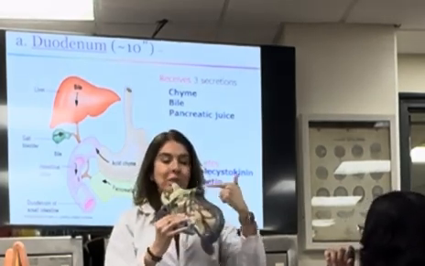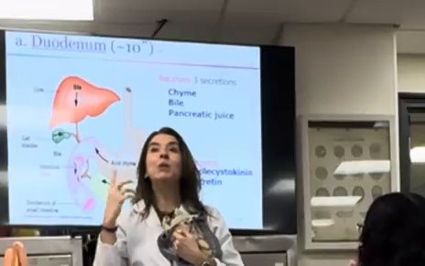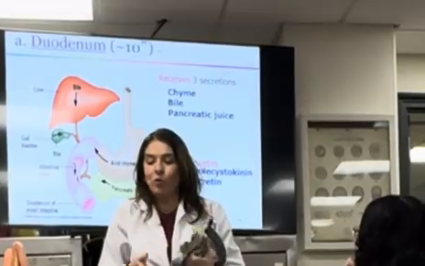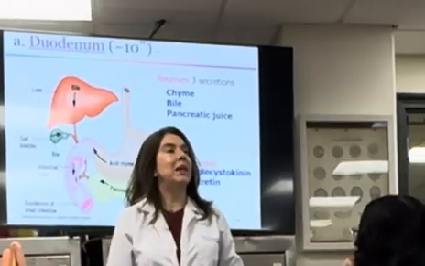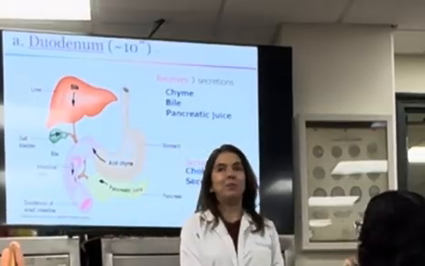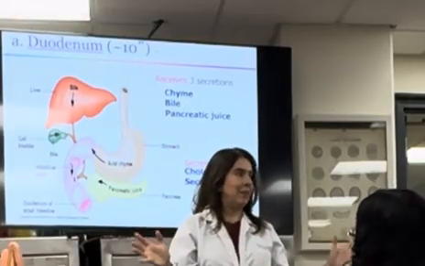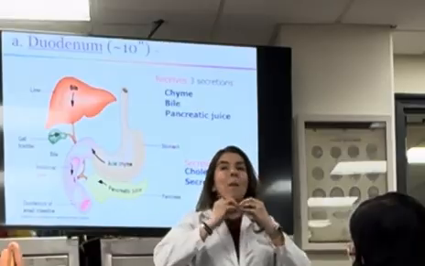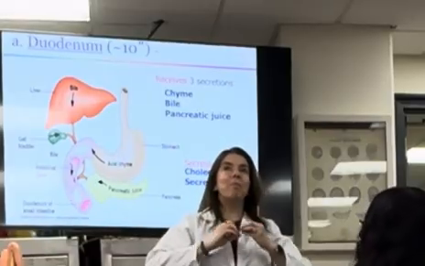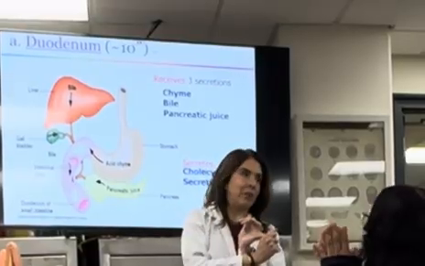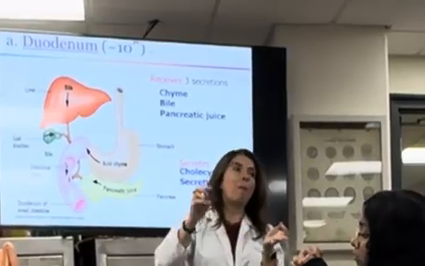Once it reaches the duodenum, it will become activated because of the change in the pH. And what types of molecules can be digested by pancreatic enzymes? Everything. Pancreatic juice is like a potent cocktail of enzymes. It can digest carbohydrates, lipids, proteins.